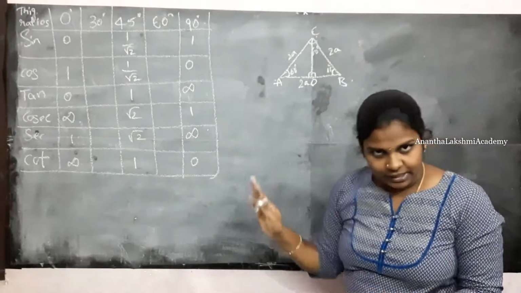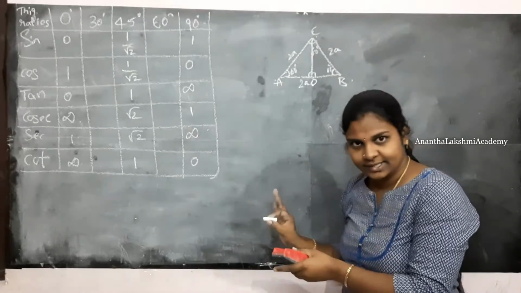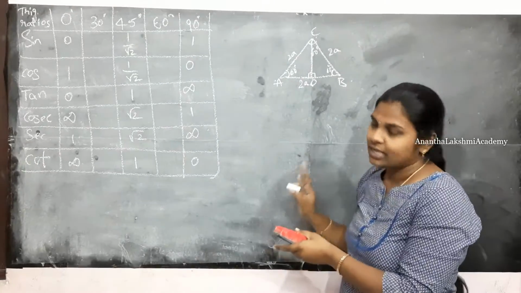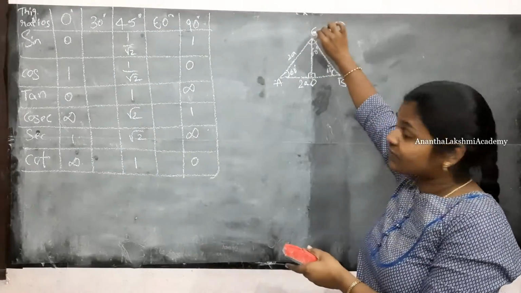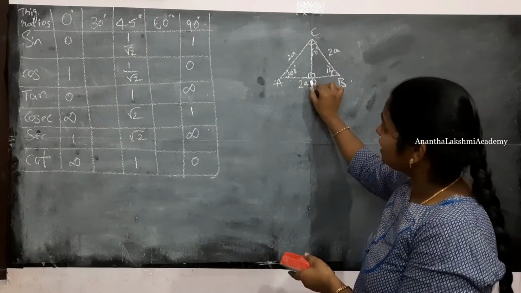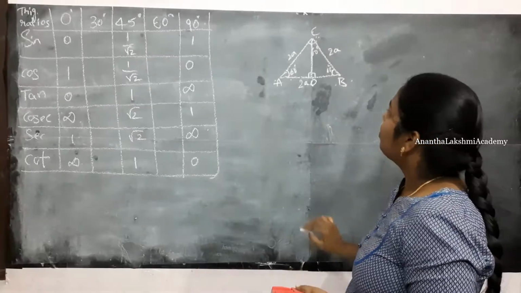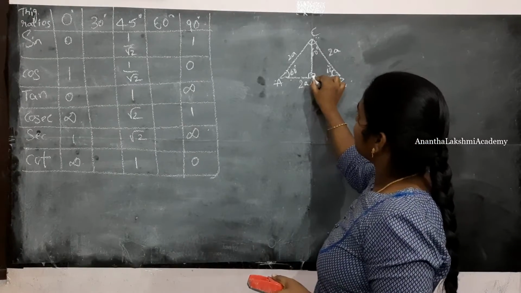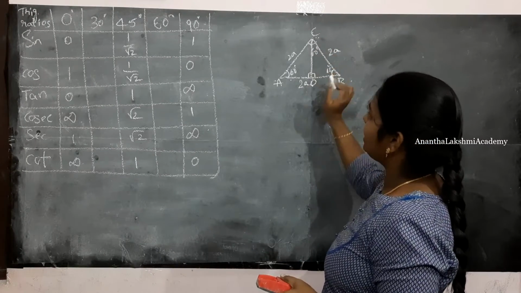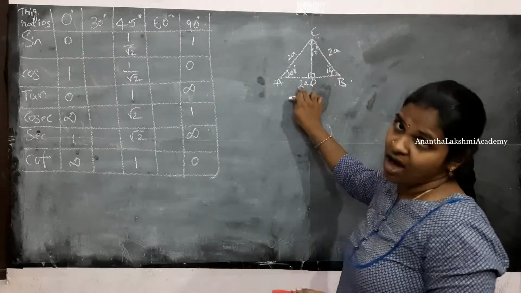So I considered an equilateral triangle in which all the three angles are 60 degrees and each side is 2a. Now, I draw a perpendicular from C to AB such that it makes right angles to AB. Alright? Now, this perpendicular line splits AB into half.